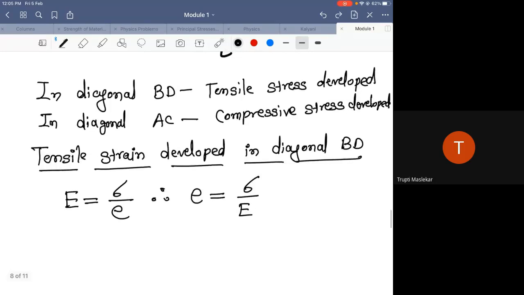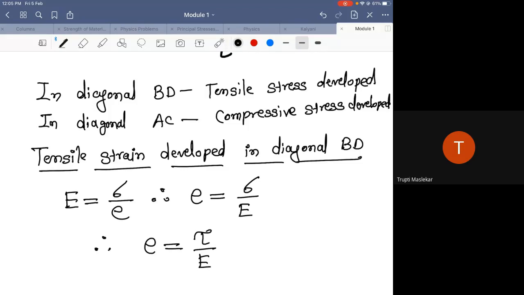Therefore, tensile strain developed in diagonal BD, e, is equal to tau divided by E. Due to tension in BD.